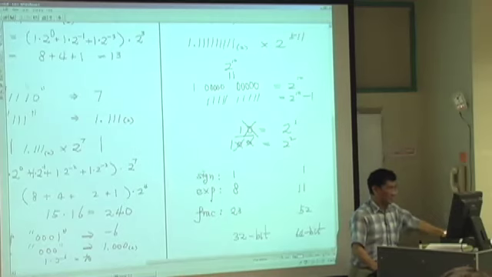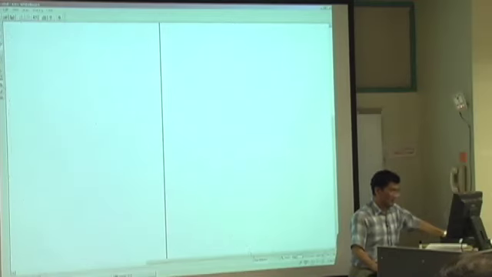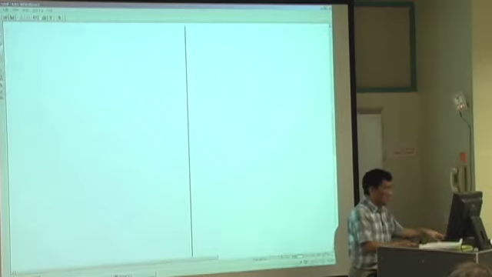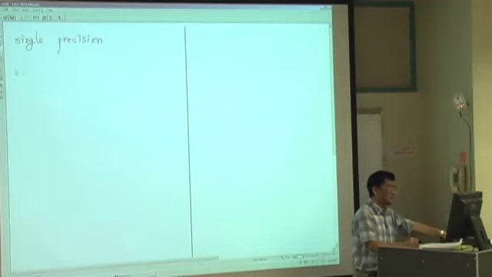Then, if we're going any further, I will use the real representation of a double precision or single precision number. So the single precision representation of this thing should be what? So you should answer.